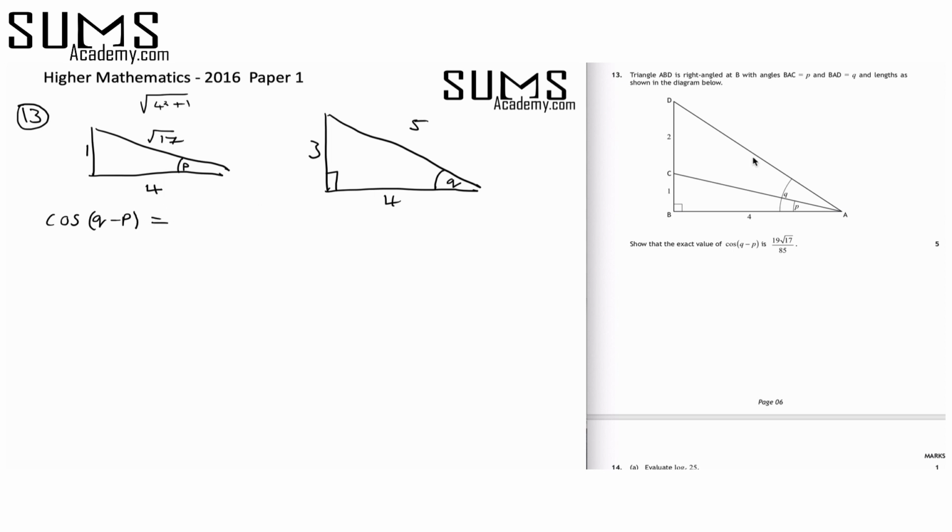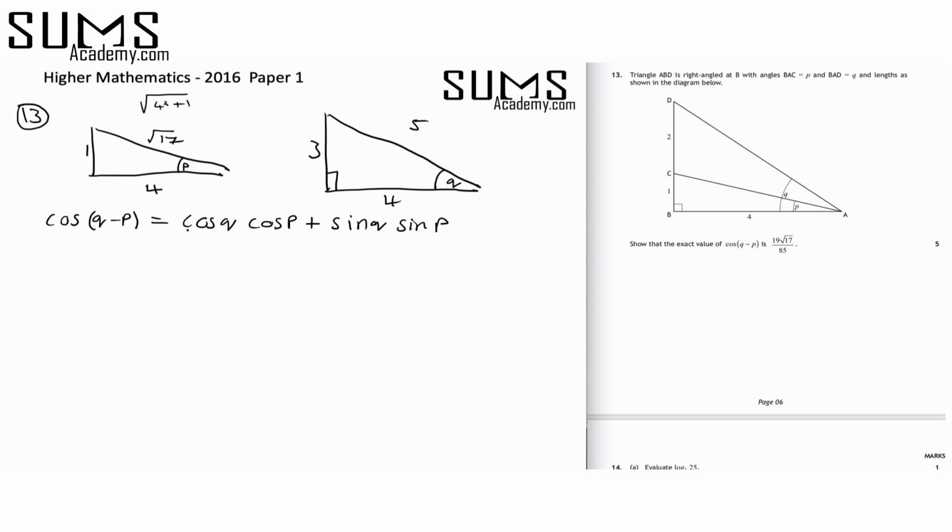Well, we actually have a formula for this in our formula sheet, which will come out to say cos Q cos P, and because this is a minus, this becomes plus, sine Q sine P.